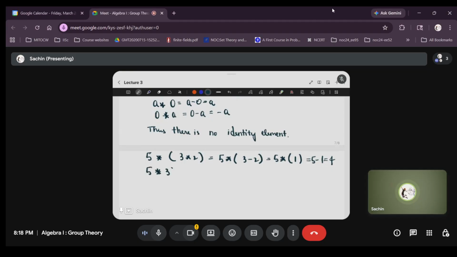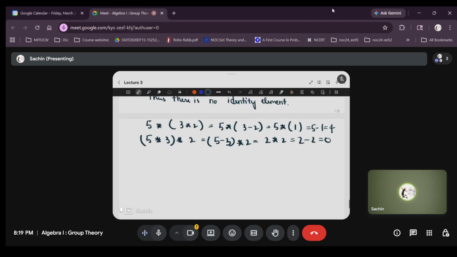But 5 star (3 star 2) is, the bracket means that you have to do the bracket operation first. This is 5 minus (3 star 2), which is 5 star 1... so 5 minus 1 gives a different result. So the associative property is also not satisfied by subtraction. Because of both reasons, I mean one reason would have been enough to disqualify that group.